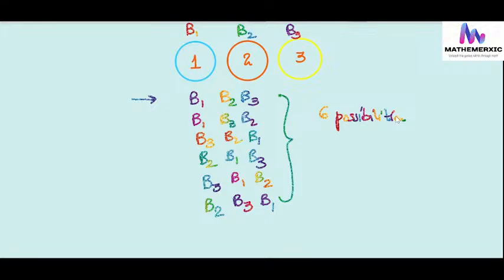Interesting. The next question: what if we had 4 balls instead of 3? As it turns out, listing out all possibilities will become quite tedious, obviously. And if you try listing out possibilities for 5 balls, it may take you more time than an hour or two. So we need to come up with something better.